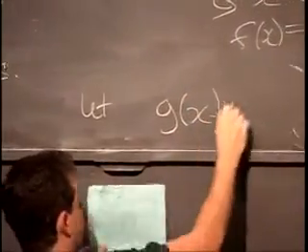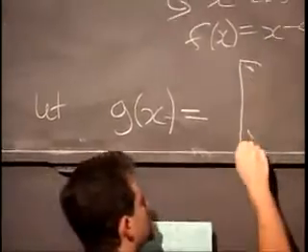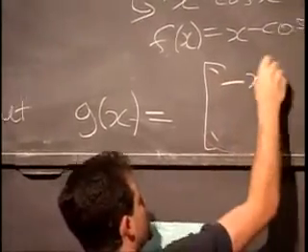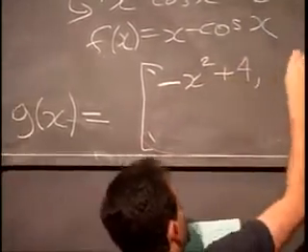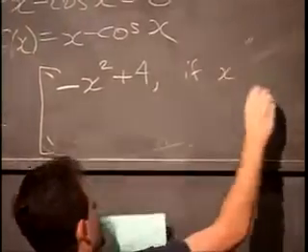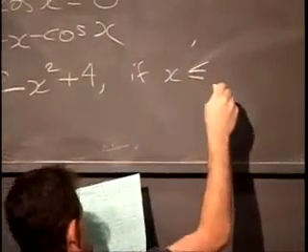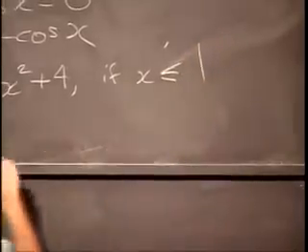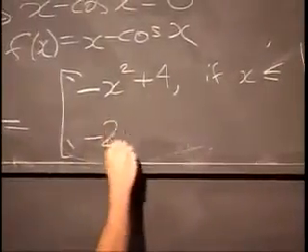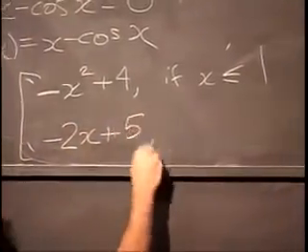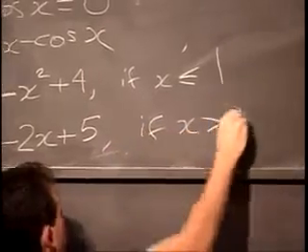Let g of x be equal to minus x squared plus 4 if x is less than or equal to 1, and minus 2x plus 5 if x is greater than 1.